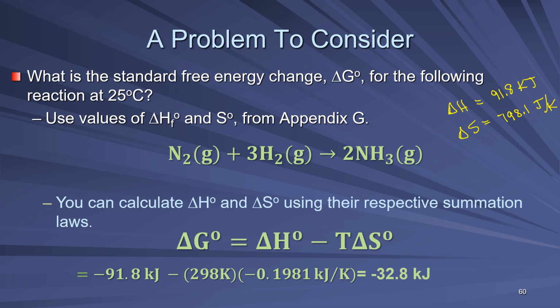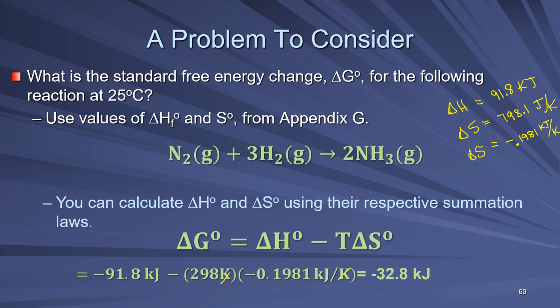So if you want to be able to add these together, they have to be in the same units. So that means I'm going to change delta S, divide by 1,000, and get negative 0.1981 kilojoules per Kelvin. So the Kelvin cancels and we have kilojoules minus negative kilojoules, and we get negative 32.8 kilojoules is the delta G.